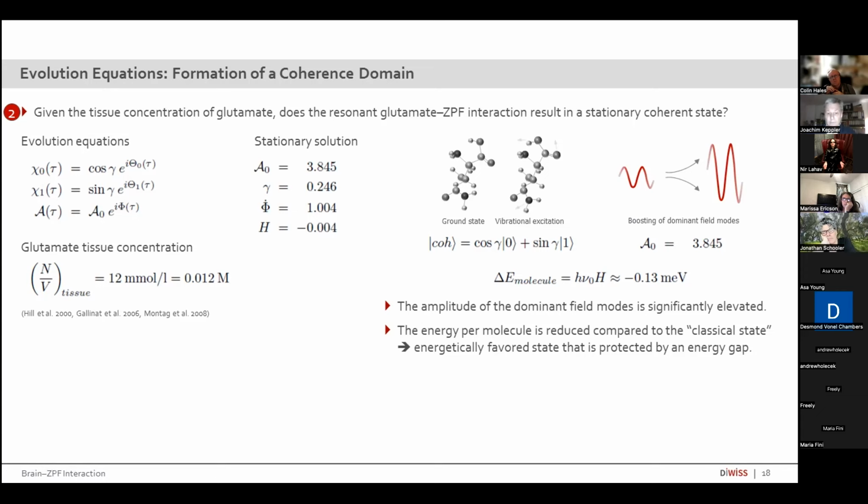And the second very important result is that the energy per molecule is reduced compared to the classical state, to this non-interaction state with the independent molecules. So once this coherent state is achieved, the energy per molecule is reduced, and this whole system is now energetically favored. And it produces a so-called energy gap, and this energy gap prevents the decoherence of the system.